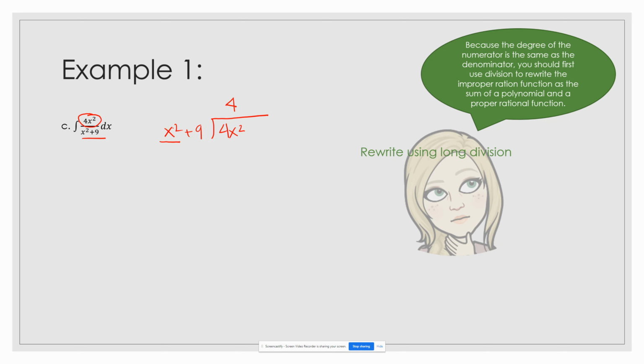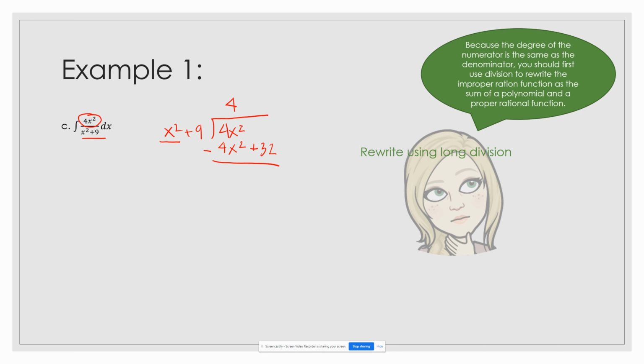And then we multiply. So 4 times x squared is 4x squared, and 4 times 9 is 36. And then we subtract.